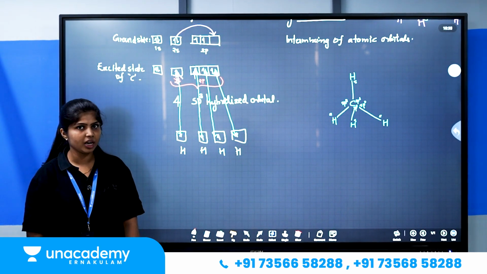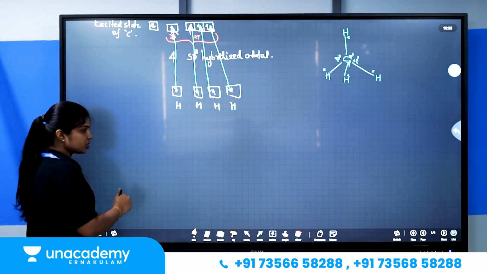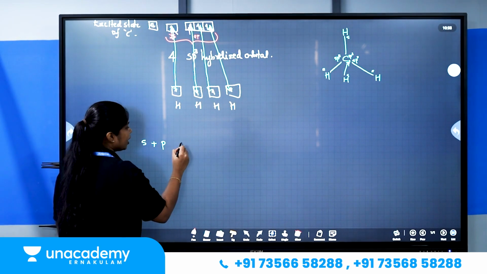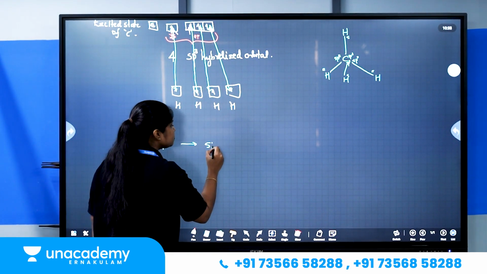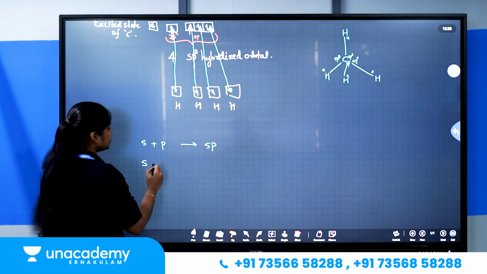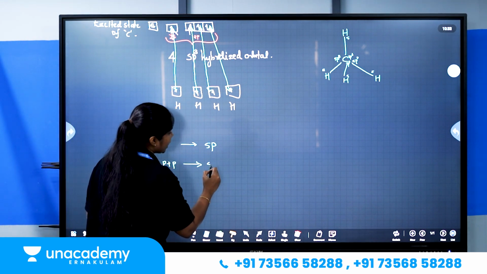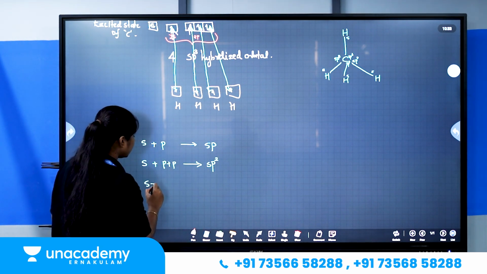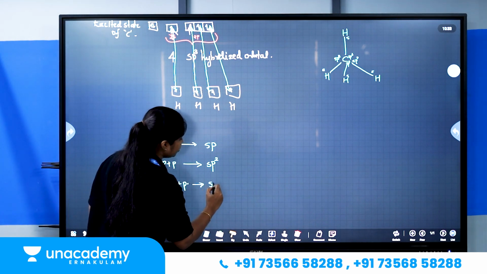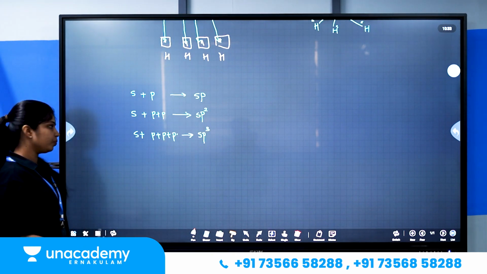So is there only sp3 hybridization? No. In some molecules, s will overlap with one p orbital, which forms sp hybridization, and similarly one s orbital with two p orbitals can form sp2. Similarly, s with 3 p orbitals will form sp3. So only s and p? No, d also.